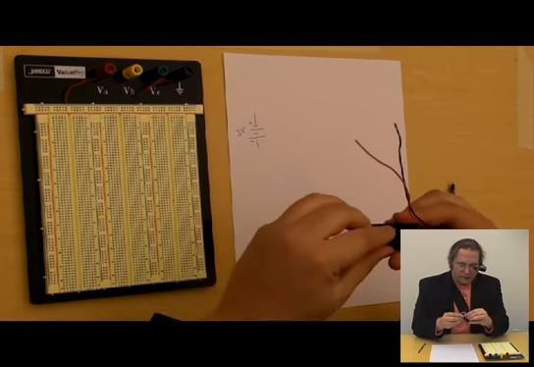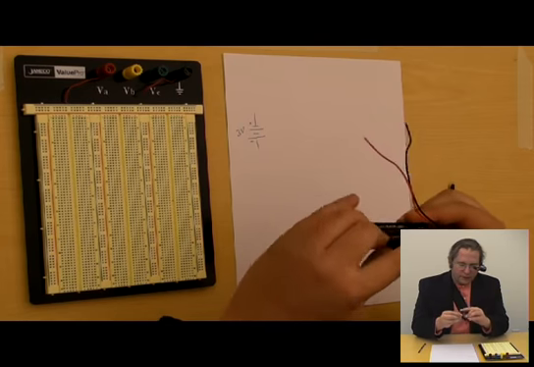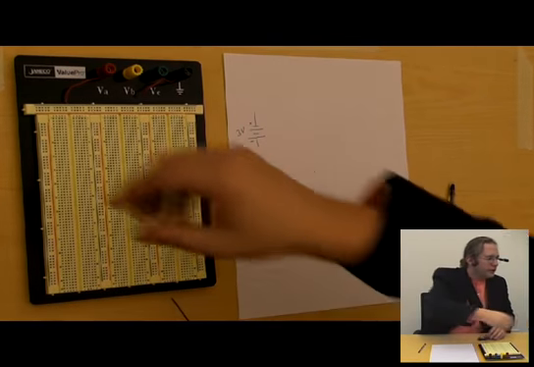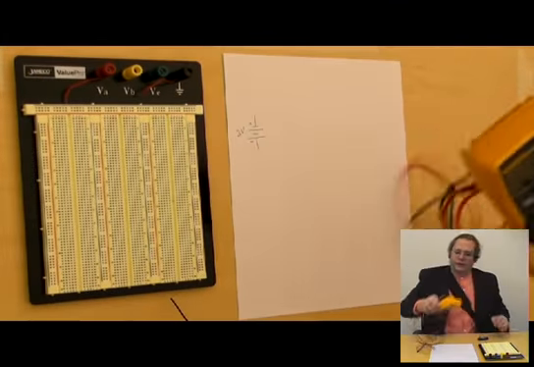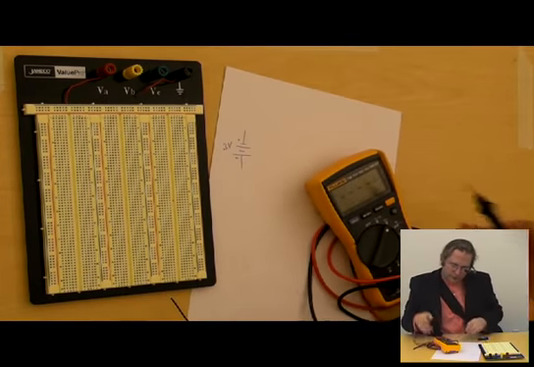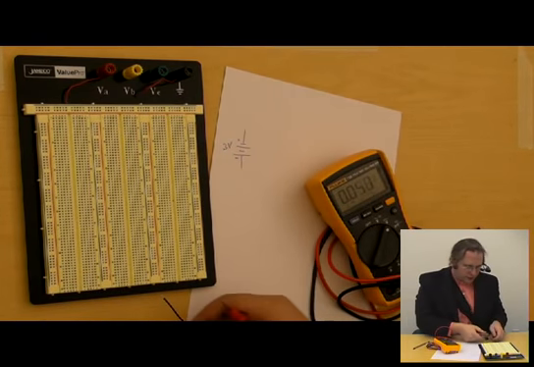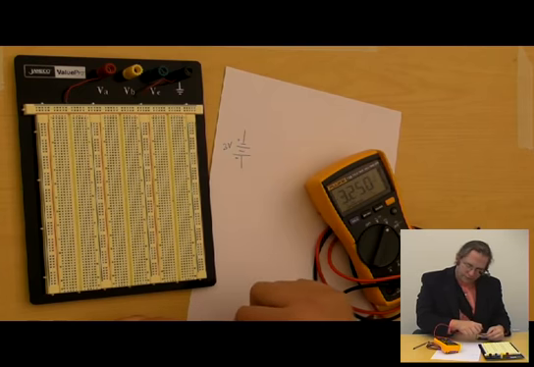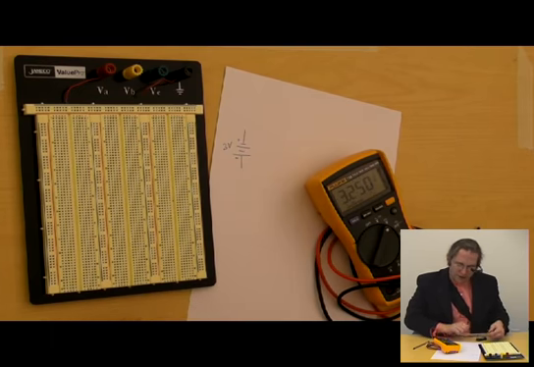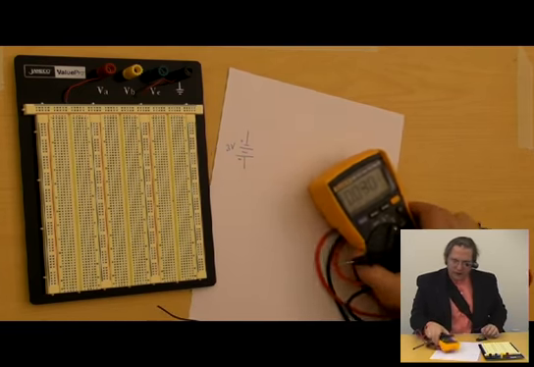Having put this into the holder, I should be able to get 3 volts off of it. Playing with my multimeter here, confirming, yes, 3 volts. A little bit higher because they're alkaline batteries.